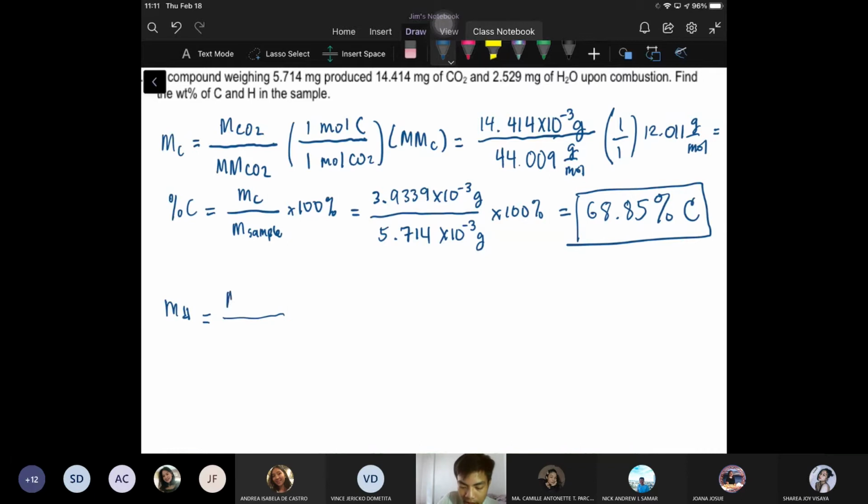That will be the mass of water divided by the molar mass of water. Okay? So, you convert the mass of water into moles of water using this equation. Once you have the moles of water, i-convert mo yon to moles of hydrogen.